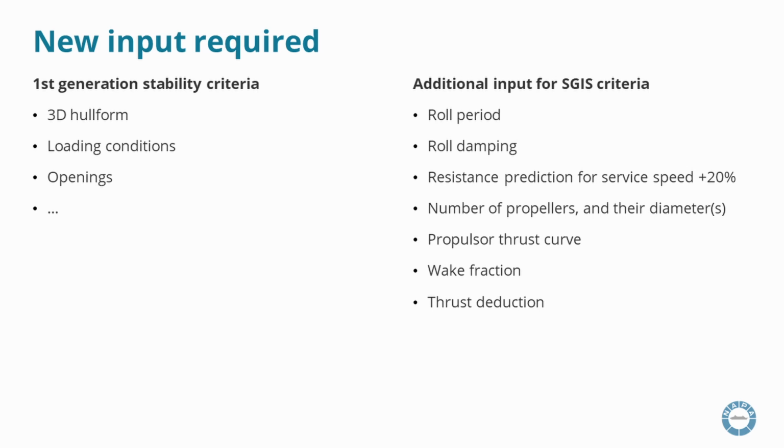Of these, the first two are related to the rolling behavior of the ship, while the rest are for the surf-riding calculation. For the wake fraction and thrust deduction factors, there are some simplified formulas that can be used in the explanatory notes.